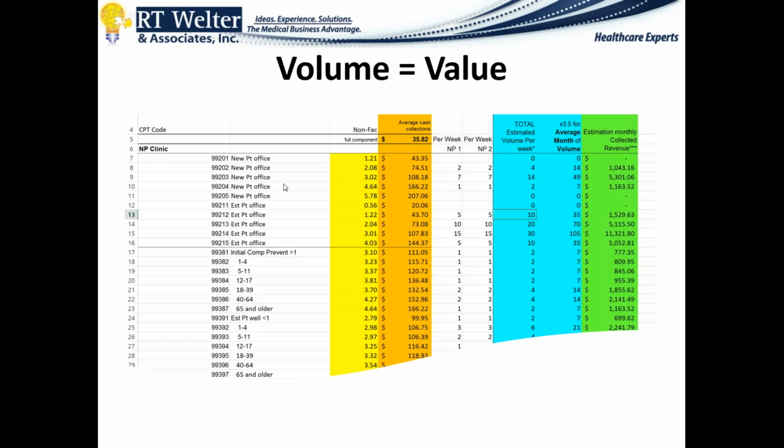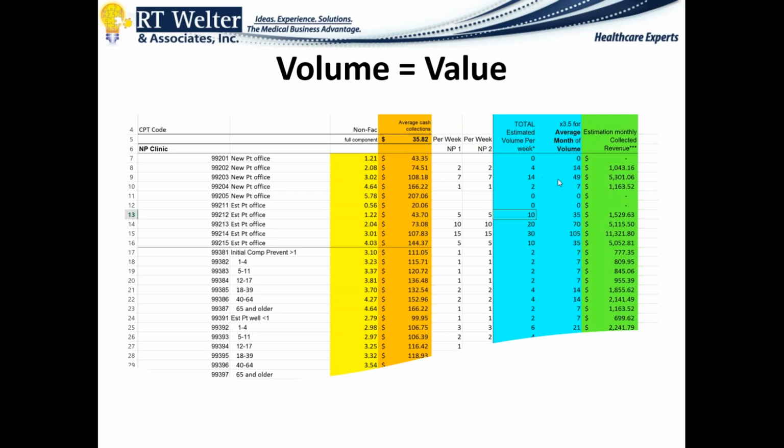So if we looked at 99203, which is a new patient, level 3 visit, very common service that you probably bill every single day, we're looking at 7 encounters per week for nurse practitioner 1, 7 encounters per week for nurse practitioner 2, total of 14.